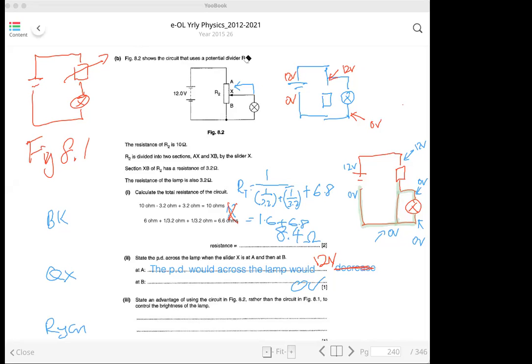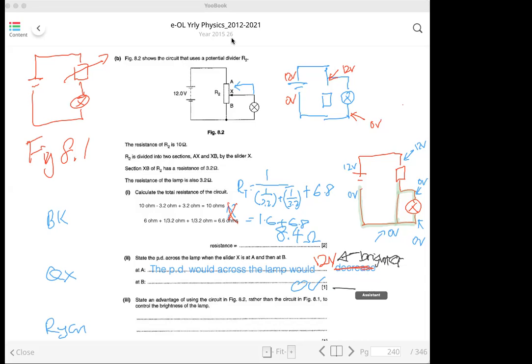Okay, so my question is, why would 8.2 have an advantage over 8.1? Okay, let me give you a clue. Let's go back to part 2. Can you see that for figure 8.2, you can let your bulb have a very high voltage, and it'll be the brightest.